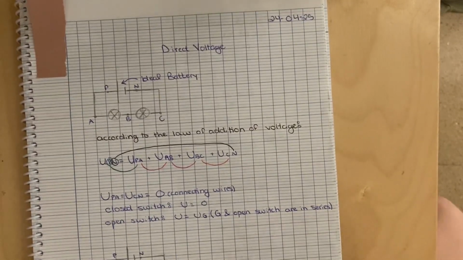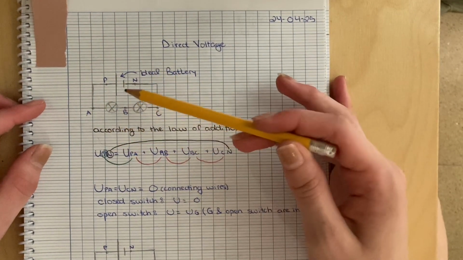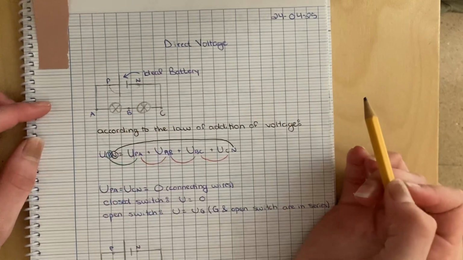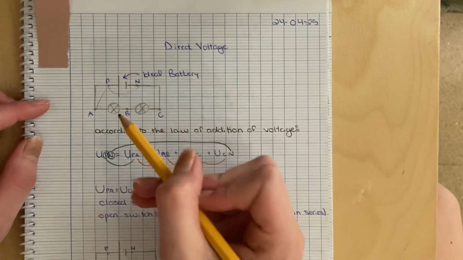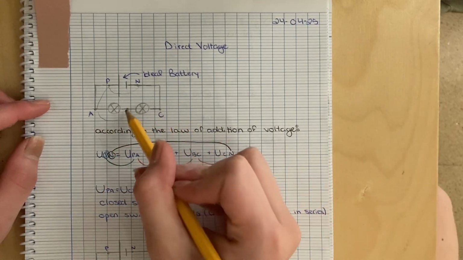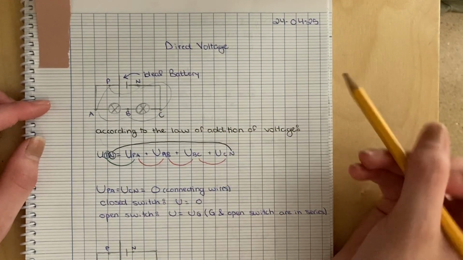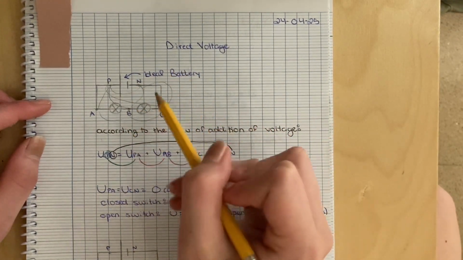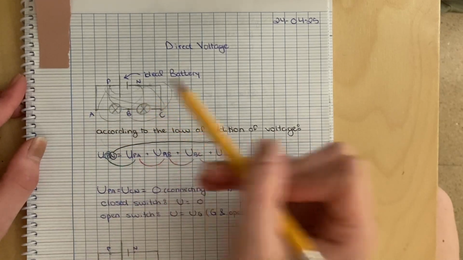So, أول شيء to start with, if you have a circuit, voltage of Pn is going to be equal to voltage of PA plus AB plus BC plus Cn, or PB plus Bn, or PC plus Cn, any combination of something from this to this to this to this.